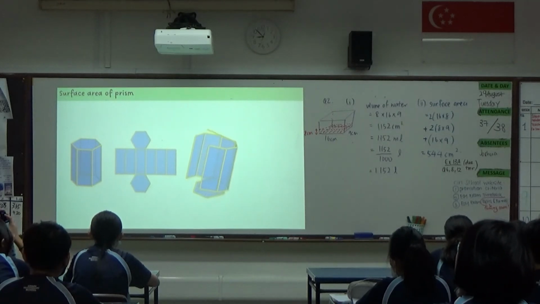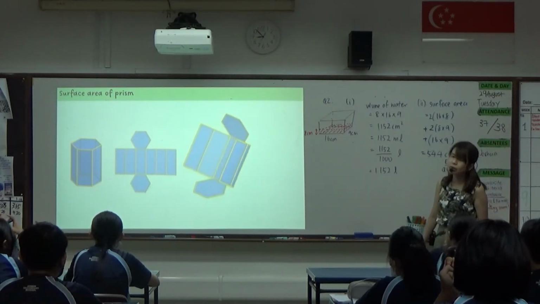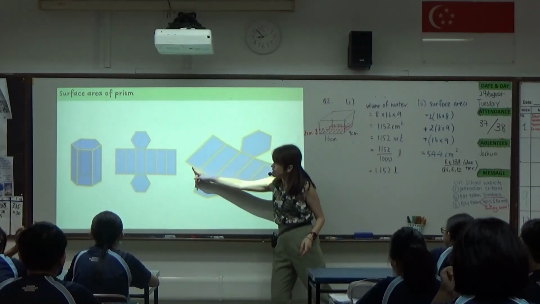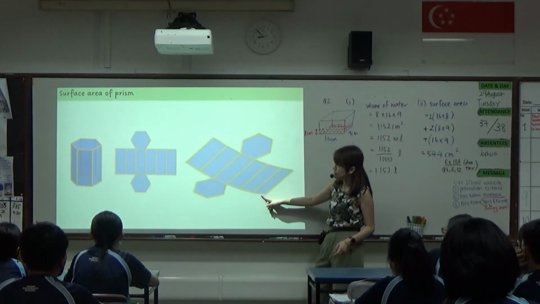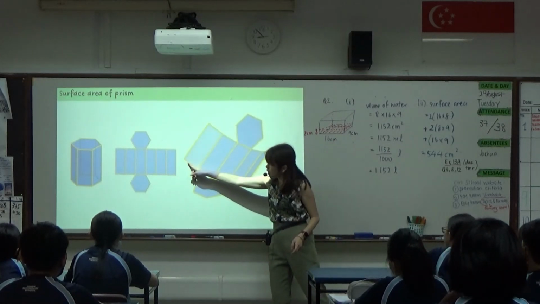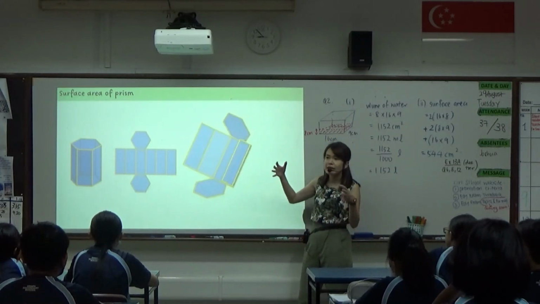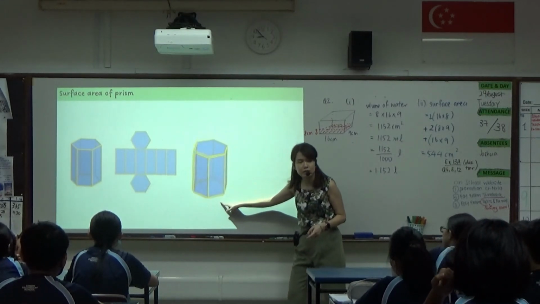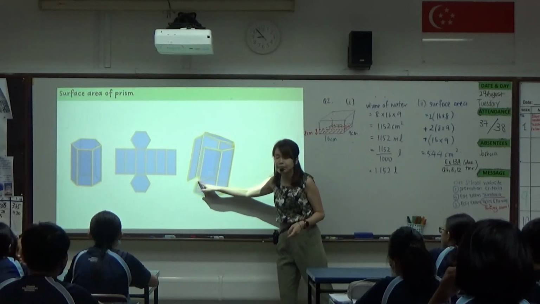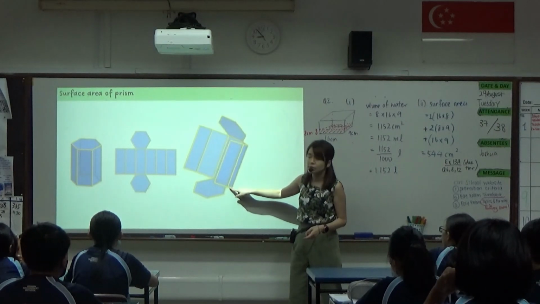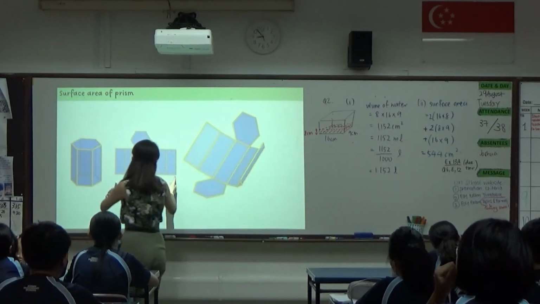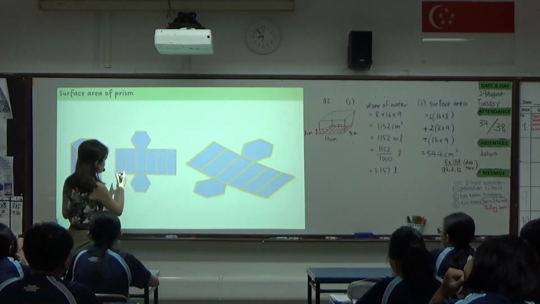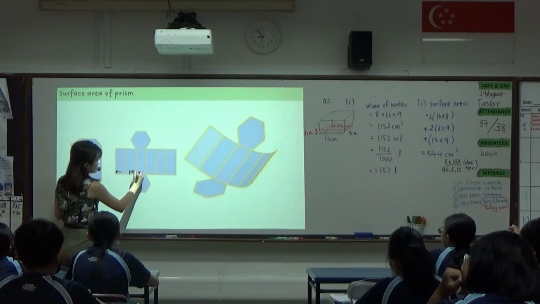So when I open this up, look at how it opens up. I notice that this length over here, look at this long length over here, when it closes up, it goes through the perimeter of the base. You see? In other words, this length is actually the perimeter of the base.